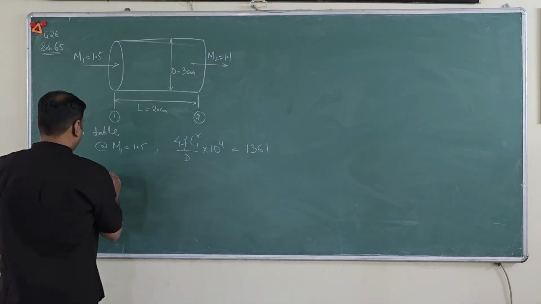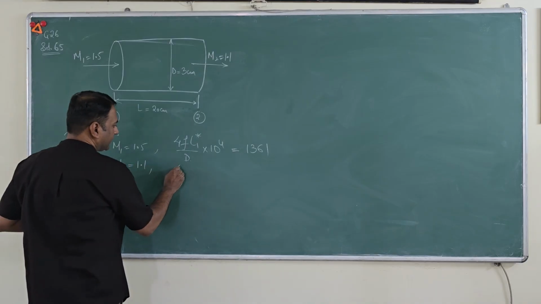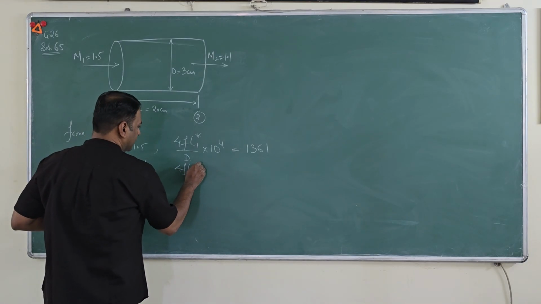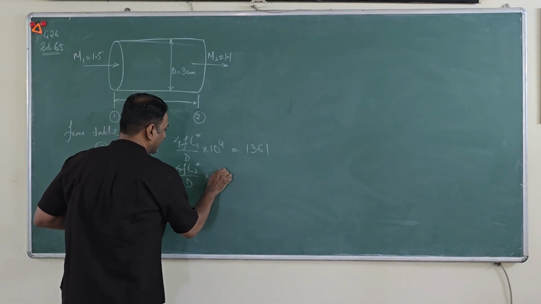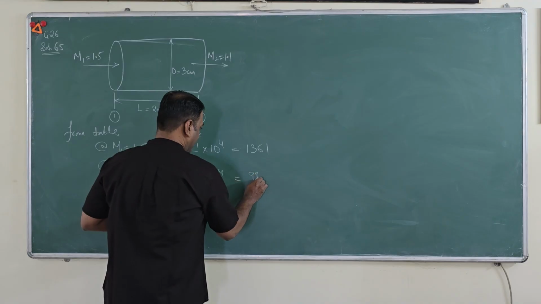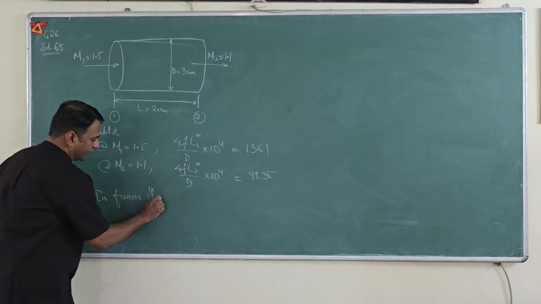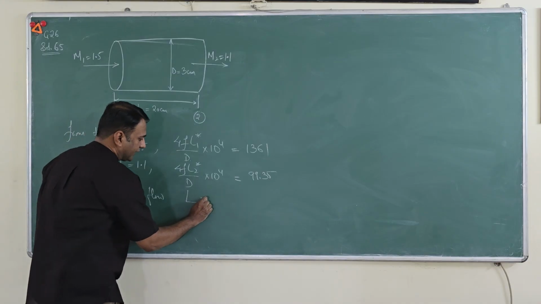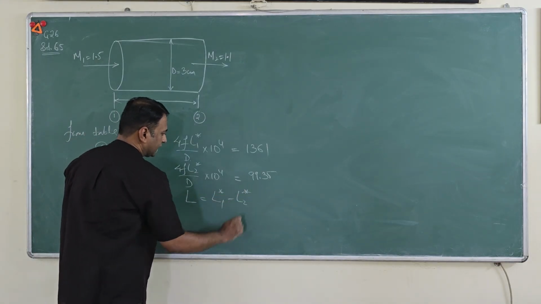Okay. And at M2 equals 1.1, this 4fL2* by D times 10 power 4 can be written as 99.35. Okay. In Fanno flow, this L is equal to L1* minus L2*.